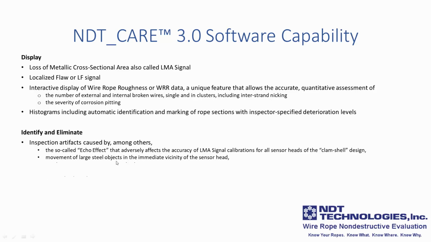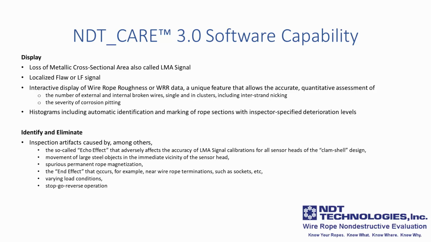Movement of large steel objects in the immediate vicinity of the sensor head, spurious permanent rope magnetization, the end effect that occurs, for example, near wire rope terminations such as sockets, etc. Varying load conditions, stop, go, reverse operations. We also have the capability of doing signal calibration and level adjustment, and providing distance-aligned summary plots for reporting.